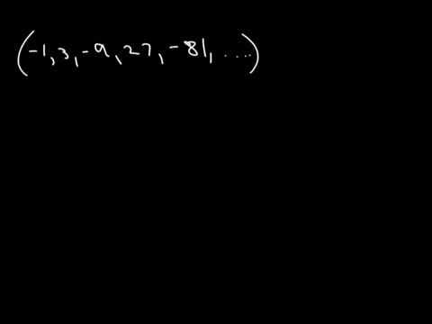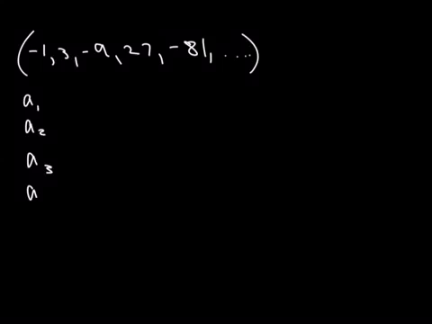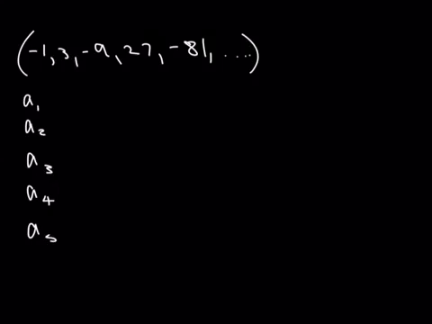Let's see, B, -1, 3, okay, so I'm trying to come up with this formula here. One of the things I do is I realize, how many numbers are there? There's 5 that they show me, okay?